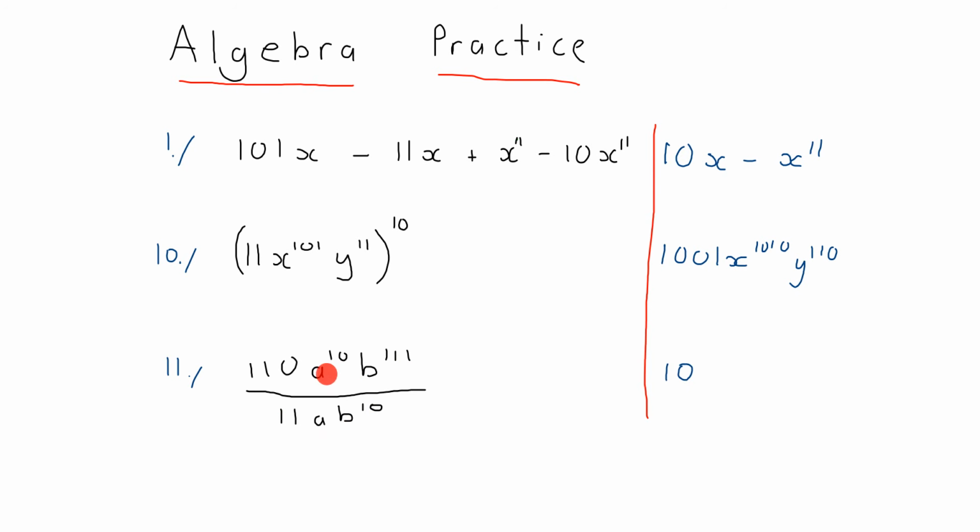Subtract these indices, so a squared minus a is just plain old a. And we do the same for the b. We're dividing, so we're going to subtract the indices. So I've got b to the power of 7 divided by b squared, and subtracting those indices, that's just b to the power of 5.